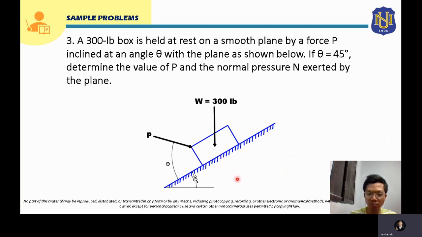So this will provide a normal force, and it is applied at this point, which is the center of the point of contact of this box and this plane. It will be somewhere here, and it is applied perpendicular to the incline. So from that, we are going to solve this.